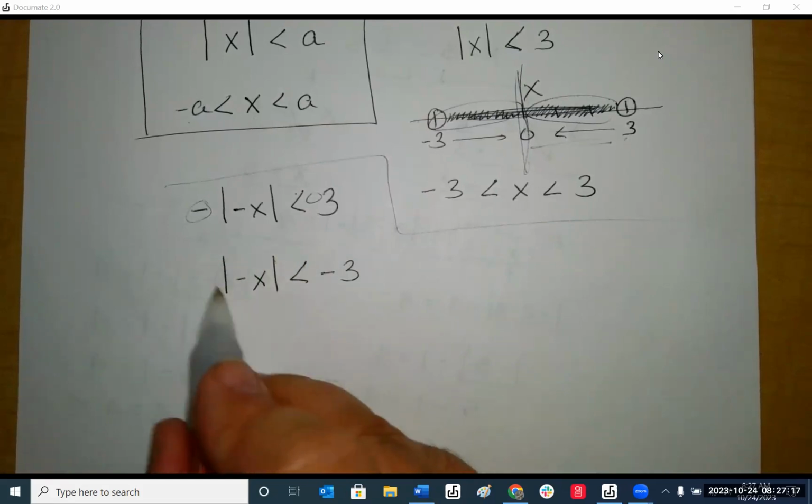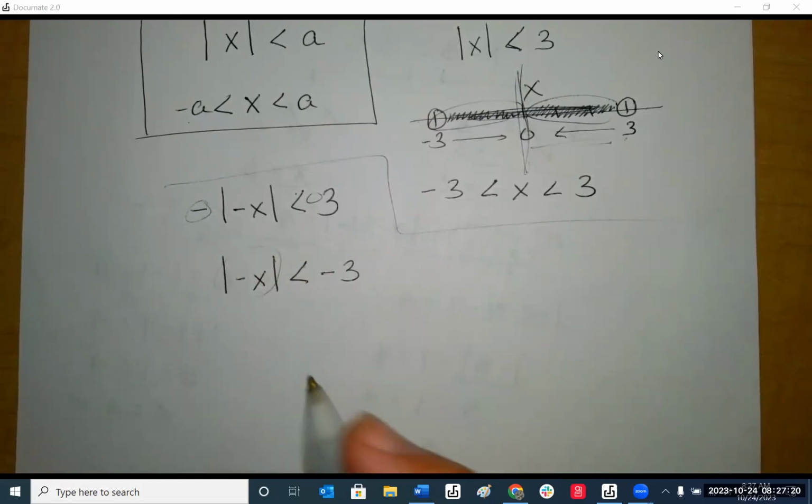It's less than. So when we drop the absolute value, what happens to it?